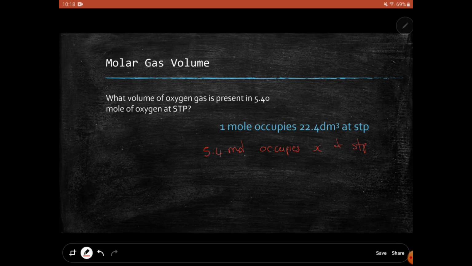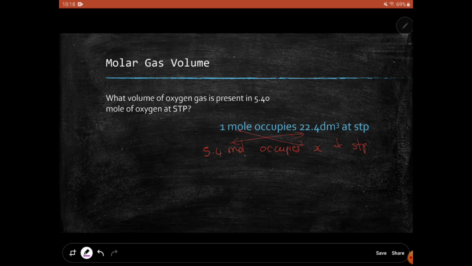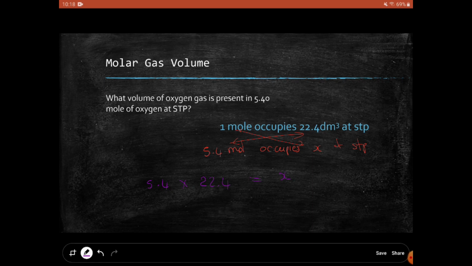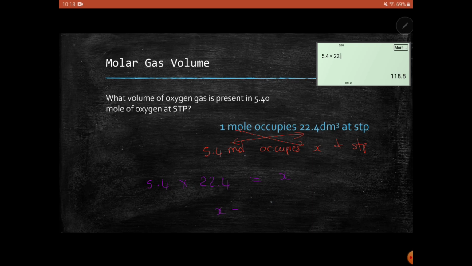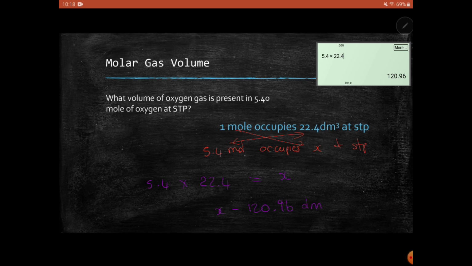Then we'd cross multiply, and this would say 5.4 times 22.4 is equal to x. We would simply enter this into our calculators and we would get x is equal to 120.96 units dm cubed.